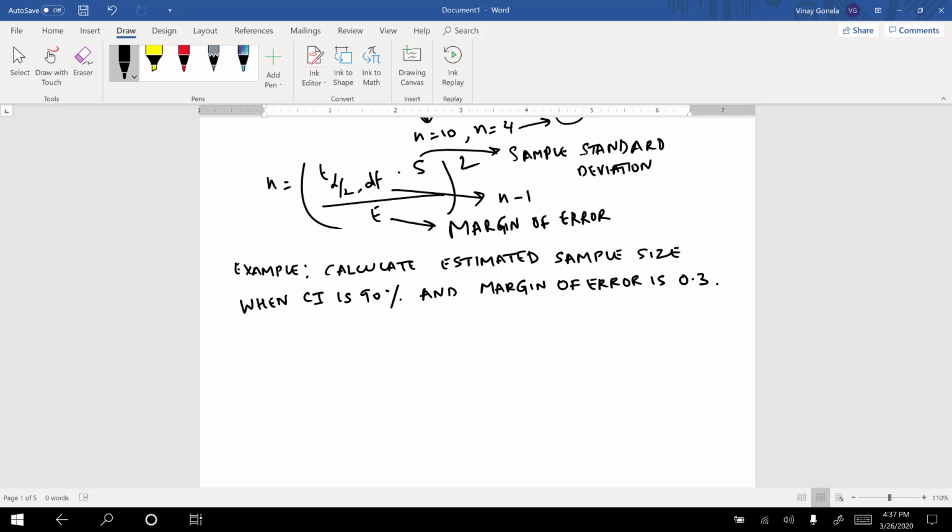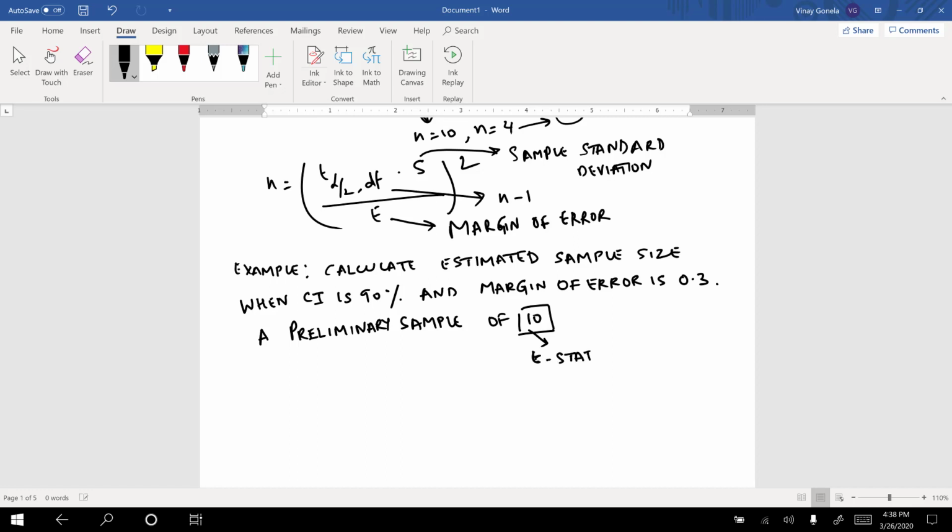As I said, we will have a preliminary sample. A preliminary sample of 10. You see they specified the sample size here. If they specify this, then you are using T stat.